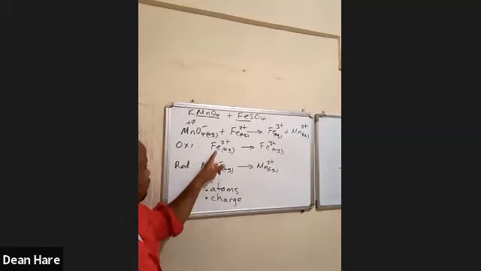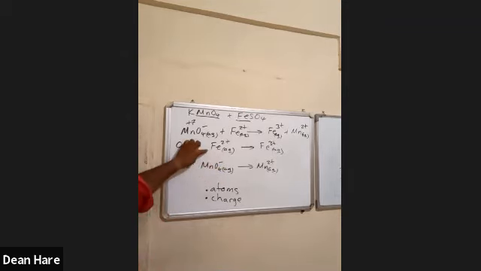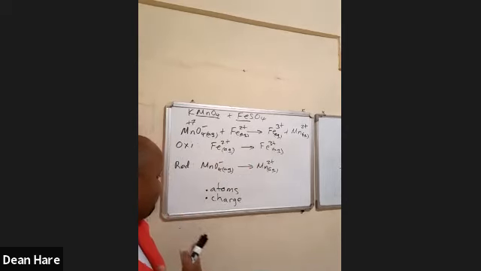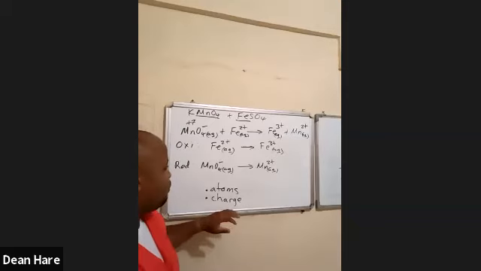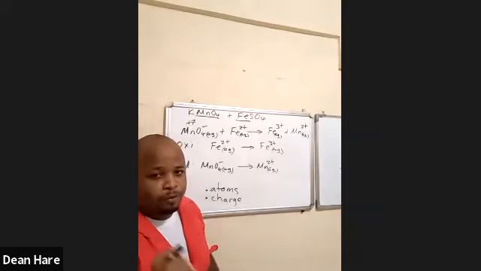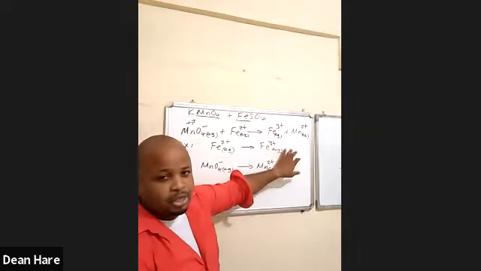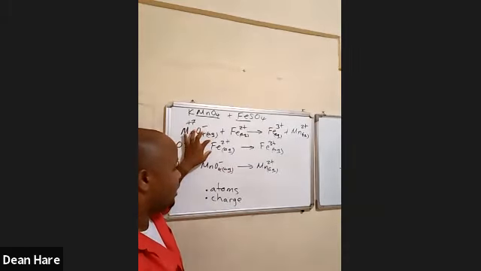So how many iron do we have on this side? One. Right. So we have one on both sides, so the equation is balanced in terms of atoms. Now, are the charges the same? No. That means we have to balance charge. For a redox equation, just make a note of this: the charges on the right must be equal to the charges on the left-hand side.